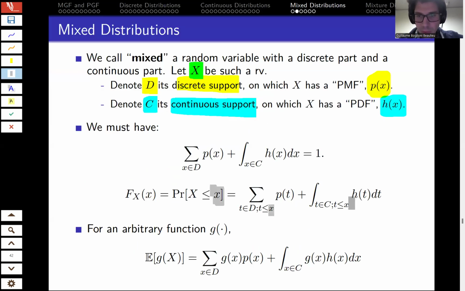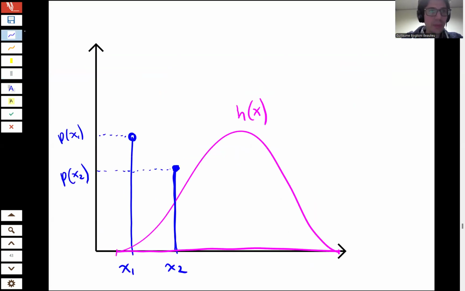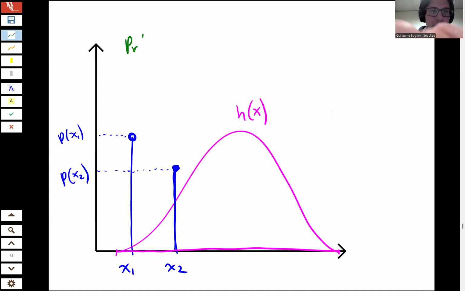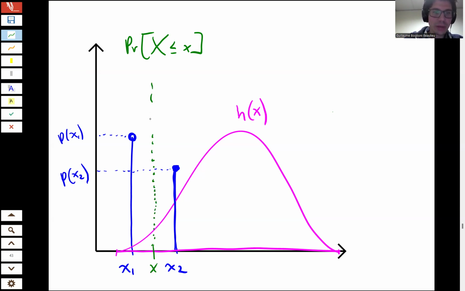Now, let's illustrate this with our example here. Let's say that we want to find the probability that the random variable is smaller than an argument little x. Let's say that the little x is somewhere here, so that this is little x. So we need to find the probability that big X is smaller or equal to this quantity little x. Well, we would sum the probability that x equals exactly x1.